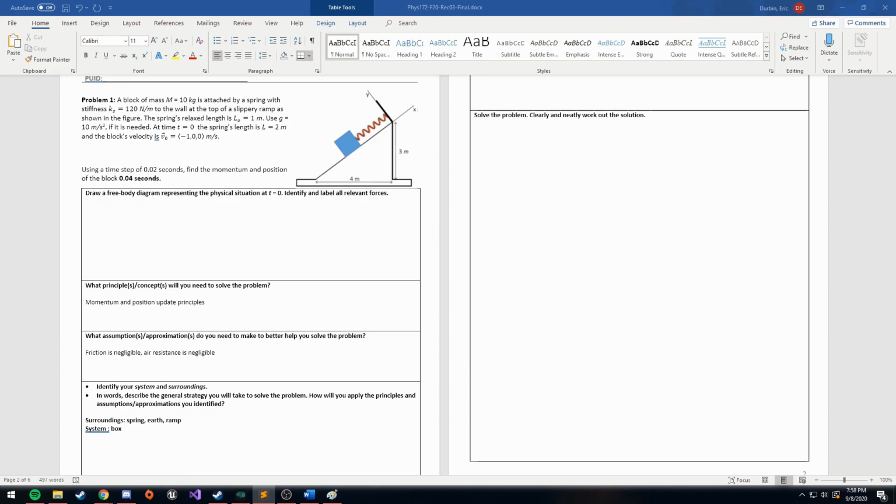The relaxed length of the spring is 1, so it was 1 times 120. Now we moved 0.0176, so it's 1.0176 times 120. Negative, right? Yeah, sorry, it's not negative.